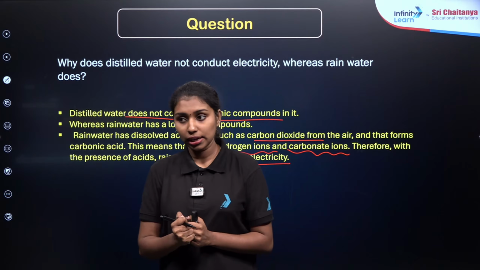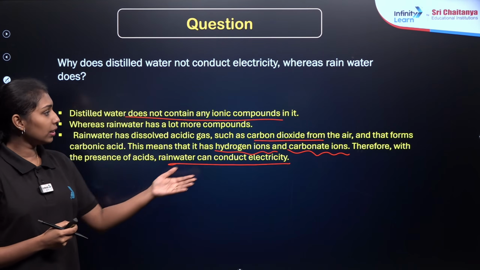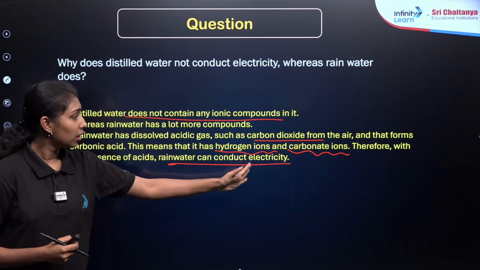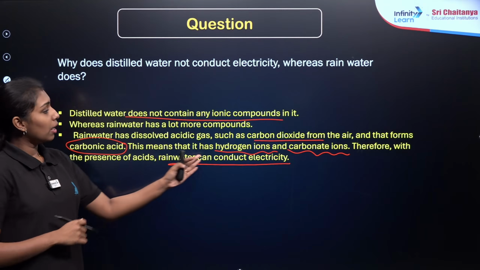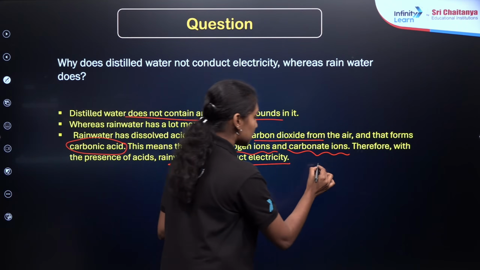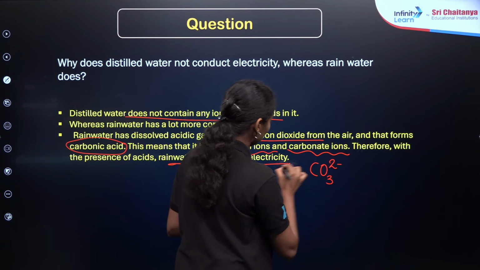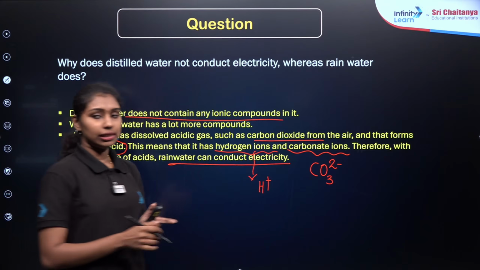But in rainwater, when it combines with the carbon dioxide from the air, it forms carbonic acid, right? In carbonic acid, both H+ ions as well as CO3 2- ions are present. Because of these ions, it will easily conduct electricity. Is that clear?